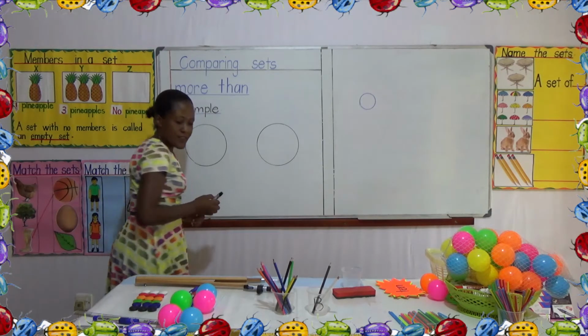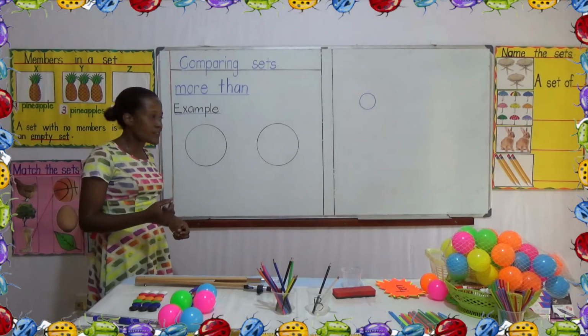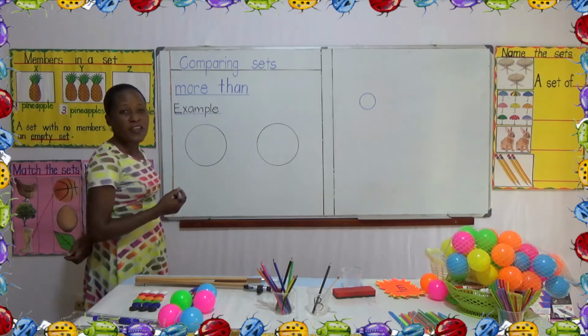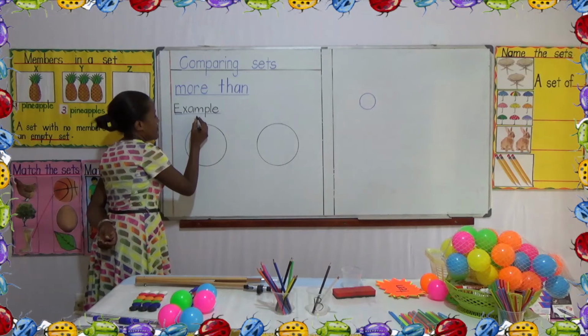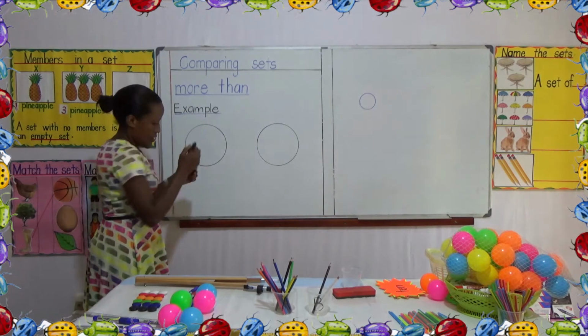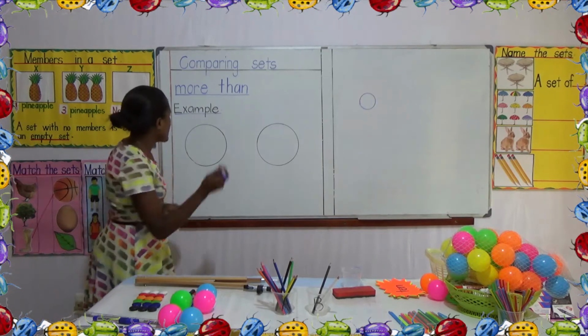Two sets. I am having two sets. I am going to name them. Let me use blue.